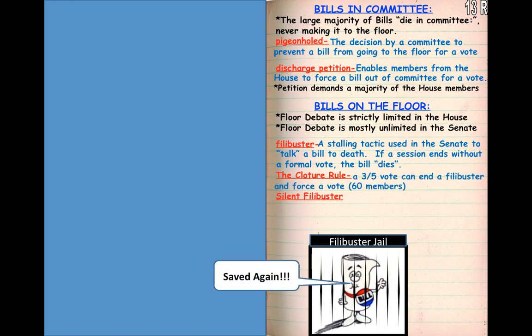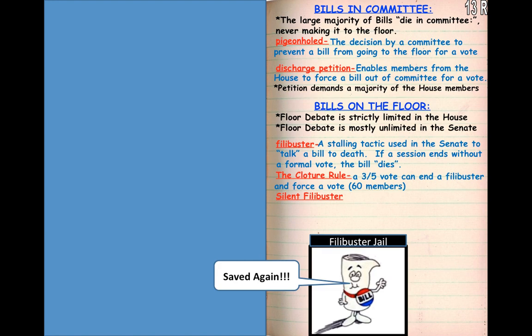The cloture rule can end a filibuster and force a vote if 60 members sign this petition to essentially say, cut the crap, we need to vote on this now, we're done, I'm not sitting through this anymore. Because of how partisan our country is nowadays, this doesn't typically happen.